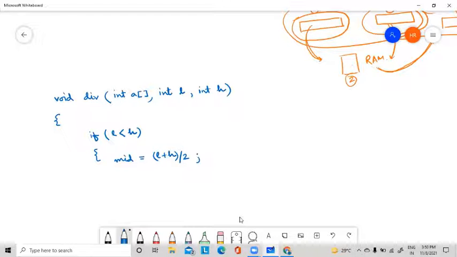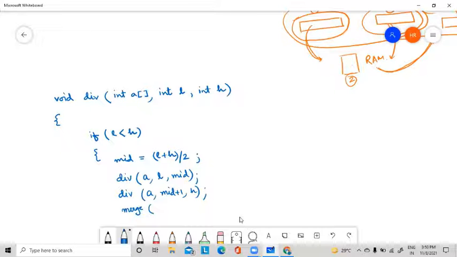Then I will call the divide function two times: one for the left-hand subarray, from L to mid, and another for the right-hand subarray, from mid plus 1 to H. After these two divisions, finally we have to call the merge function.